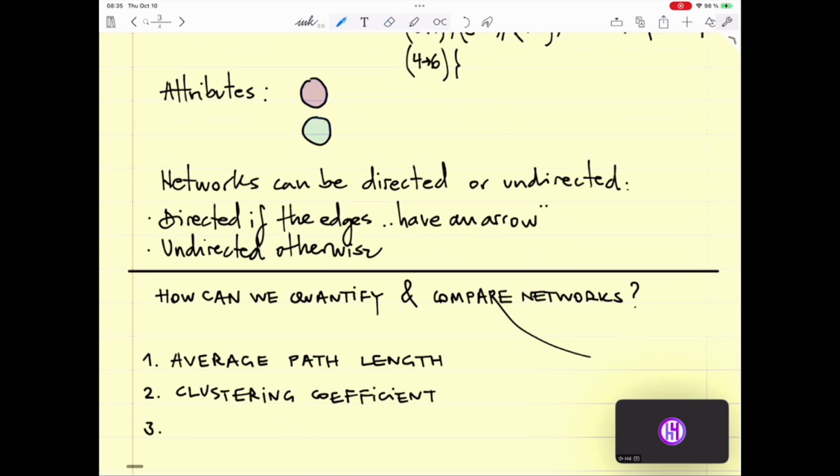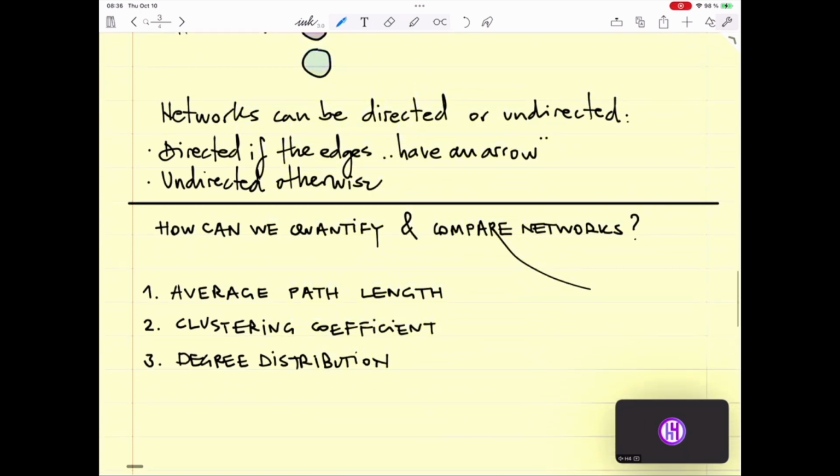Laplacian matrix is something different. Degree distribution. Okay. So let's see what this means. The average path length is also called APL, CC, and DD. Okay, that's how I'll refer to them from now on.